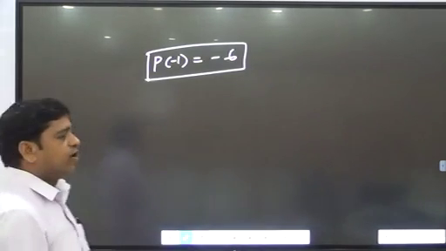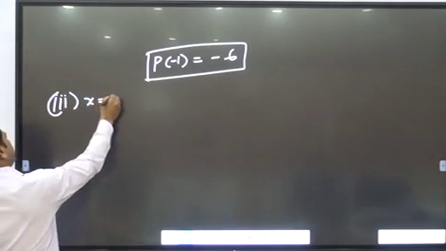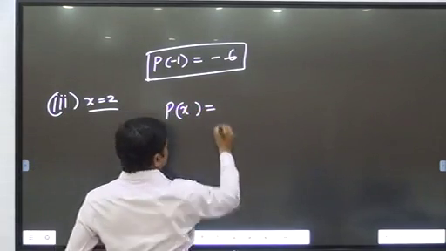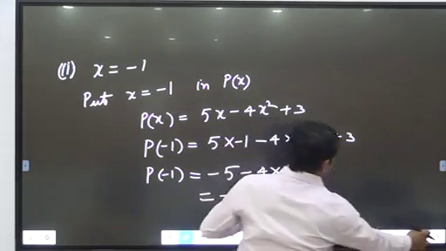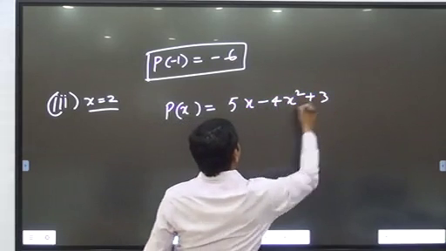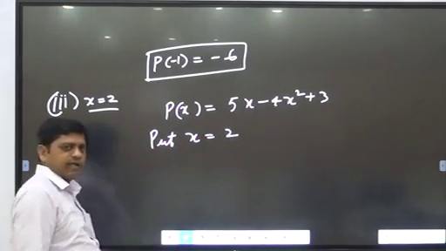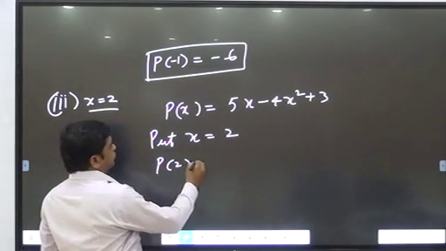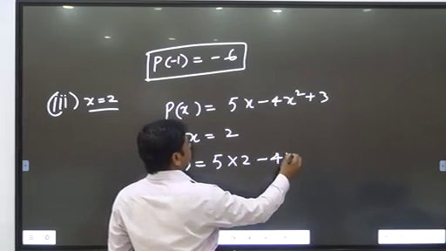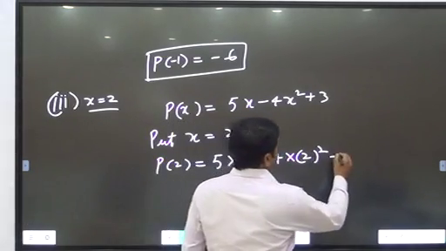And the third part of the same question is x is equal to 2. So we can also solve it. First we write the polynomial p(x) is equal to 5x minus 4x square plus 3 and put x equal to 2 and use the same process. p(2) is equal to 5 into 2 minus 4 into square of 2, because we place 2 in place of x, plus 3.